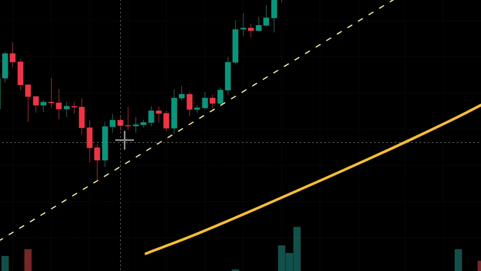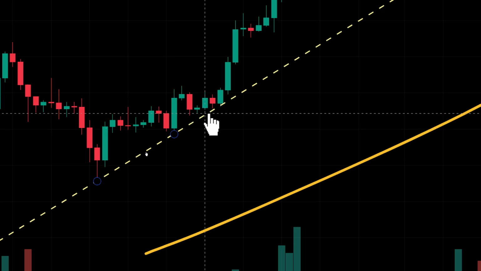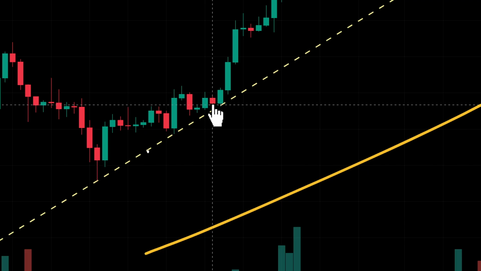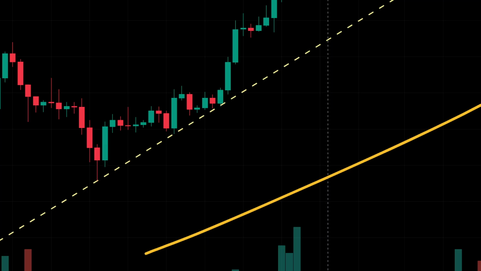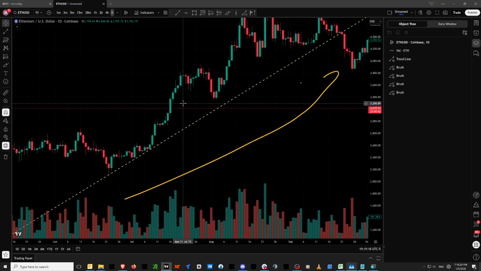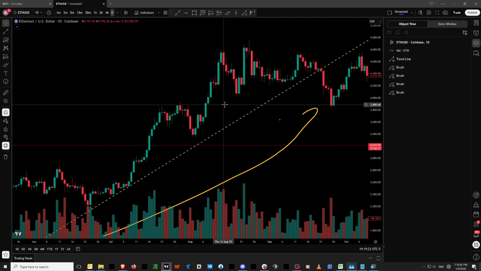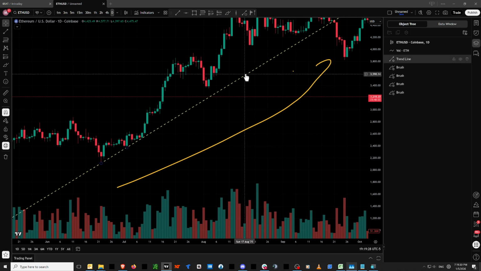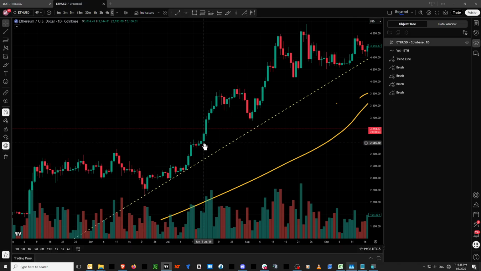Here's point 1. Here's a small little pullback. Walking the line. It comes down. It knows that that angle is there. That trend line is there. Let's see what happens afterwards. It goes up. Now, this by itself, we're not getting anything stellar out of this.